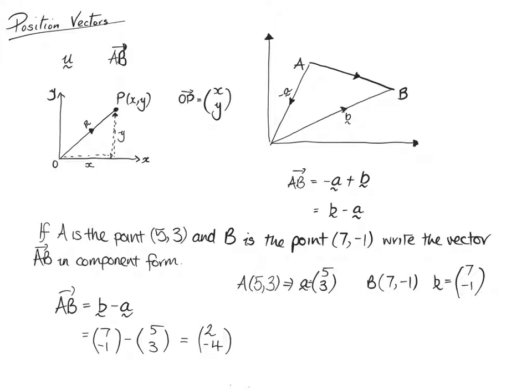Okay, that's how we work finding these vectors. So I'll do a couple more examples, and some using 3 dimensions. It doesn't get more difficult, it just means we've got a Z component instead of just an X and a Y component.